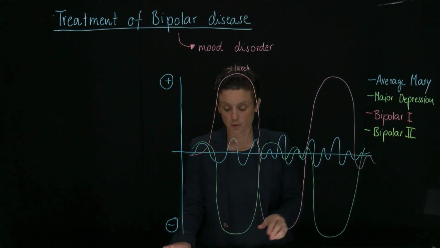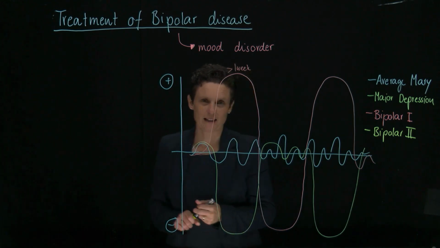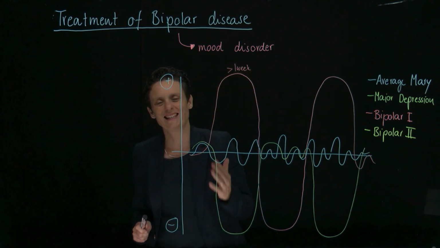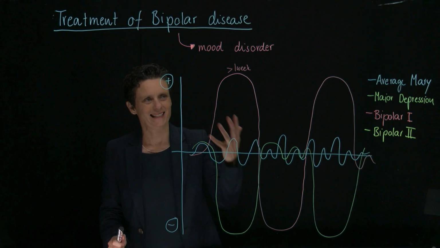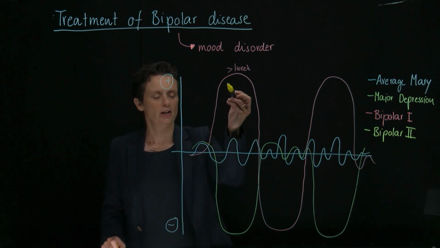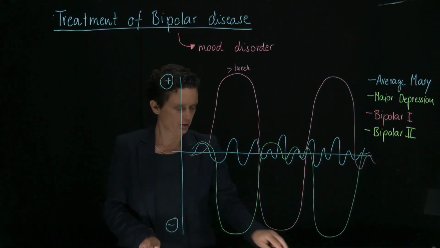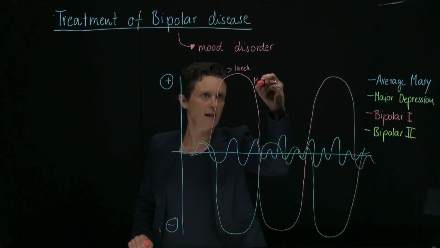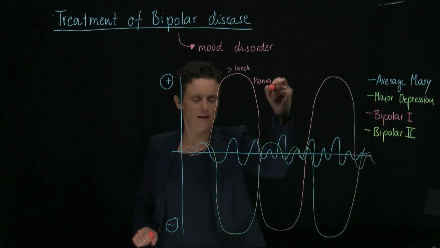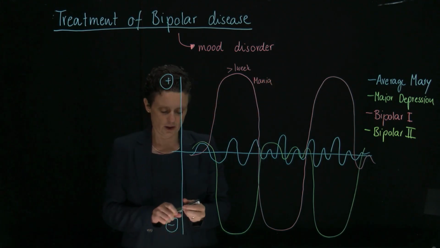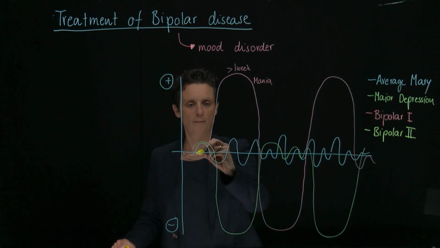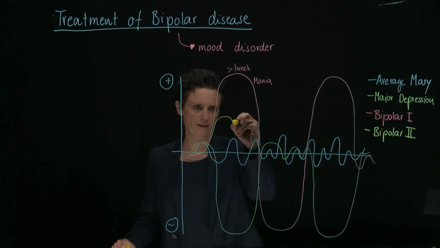Now bipolar 2 has symptoms of mania that are less severe in terms of intensity and duration. So we should also label that. That's the manic phase, mania. And in bipolar 2, we call it hypomania because it's just not as severe.